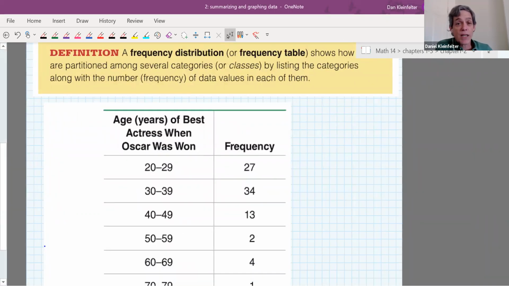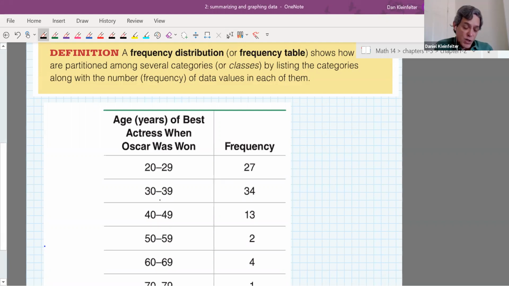And the one shown here is a listing of best actor or best actress, I guess, Oscar winning people as a function of their age range. So at the age when the Oscar was won, right? So ages 20 to 29, there were 27 actresses in that age bracket.